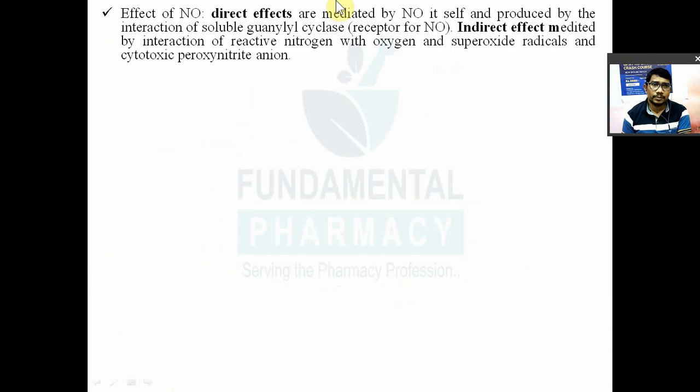Now, the effect of nitric oxide. So what is the effect of nitric oxide? As you know, nitric oxide is an endothelium derived relaxing factor.